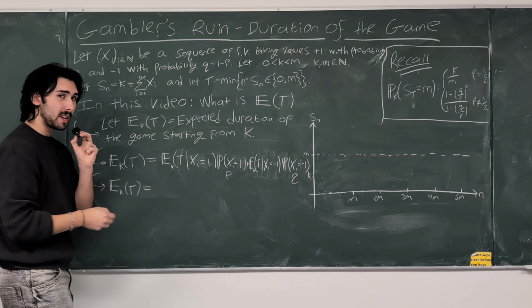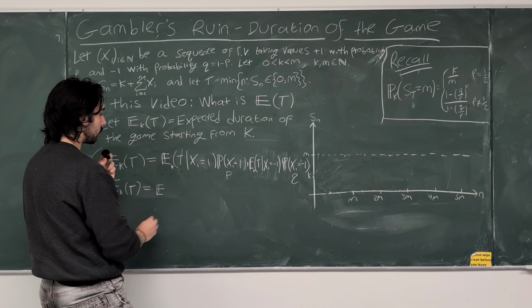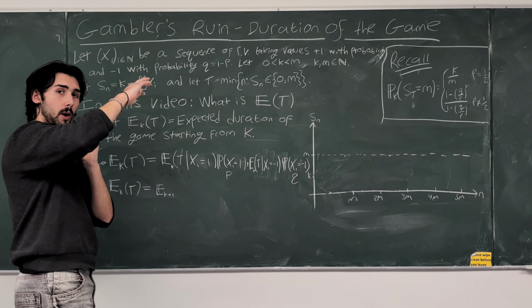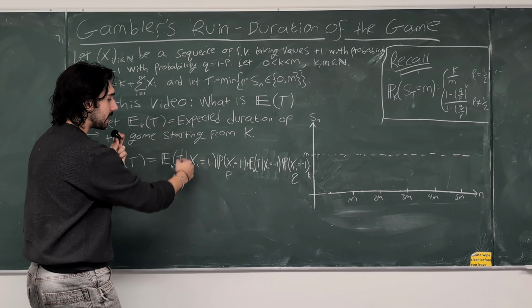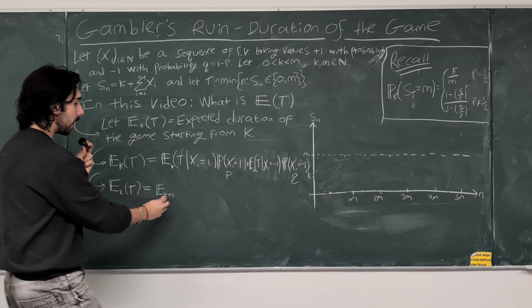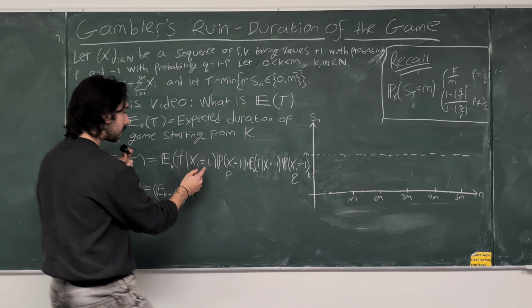I can actually rewrite this in a clever way as the expected value of just starting from k plus 1, okay, because I've just gone up by 1, but since you've already had to win a game, and here you haven't, I also need to add 1 to it, okay? And then there's a p here. This is the first bit.